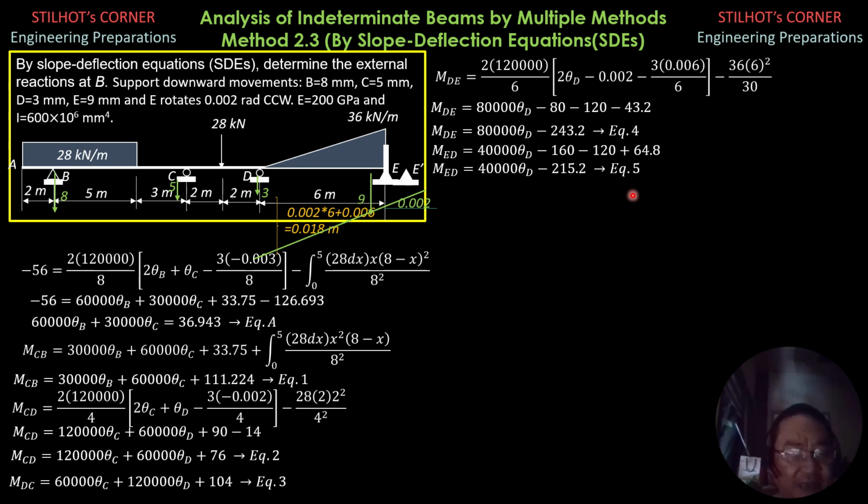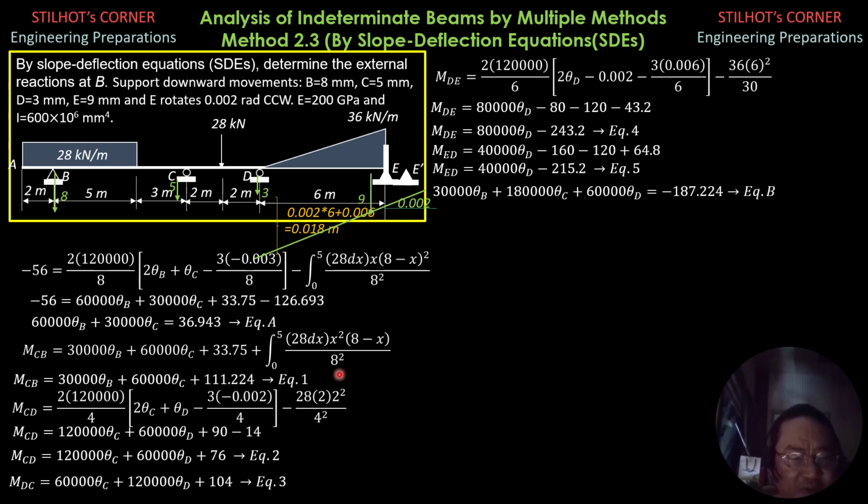Then we apply equilibrium for joint C, that is MCB plus MCD equals 0. MCB, which is equation 1, then MCD, equation 2, adding, combining. So that would be 30,000 theta B plus 180,000 theta C plus 60,000 theta D equals negative 187.224.